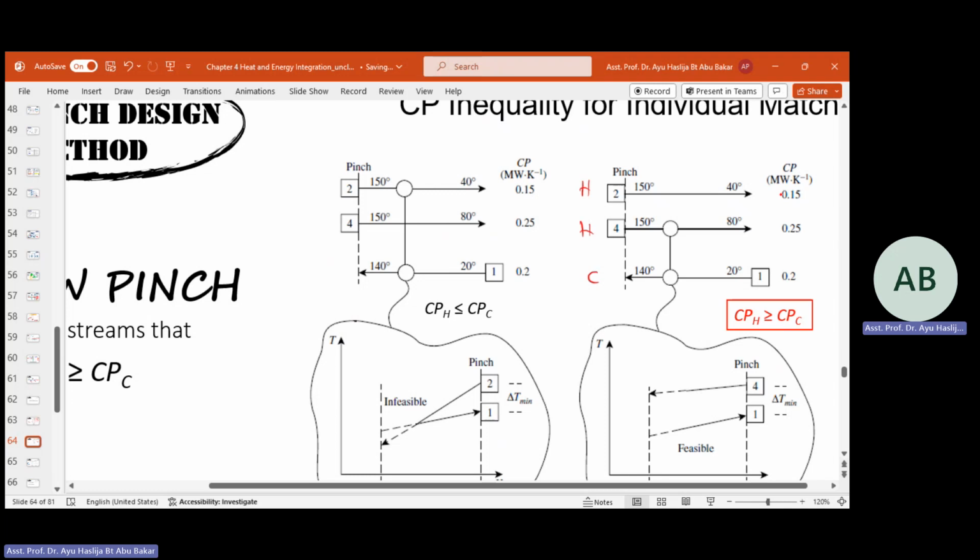So here, 2 to 1 is not feasible, because CPH is smaller than CPC. Stream 4 to stream 1 is feasible. CPH larger than CPC.